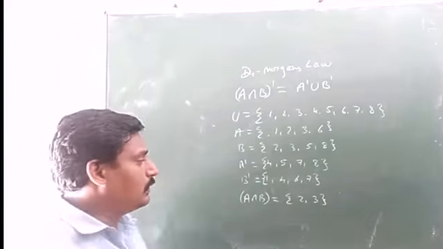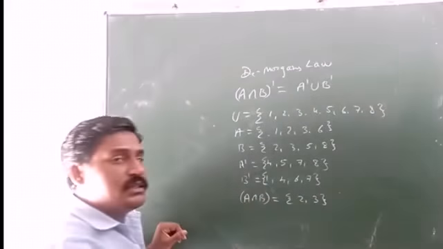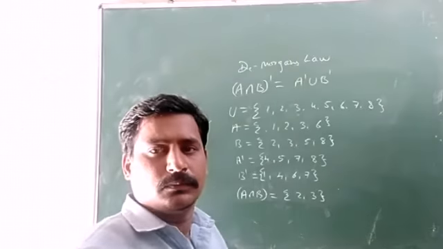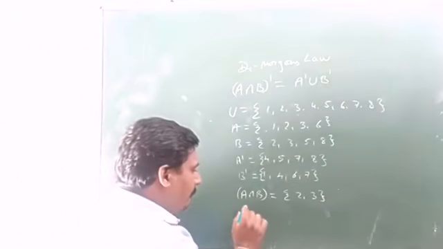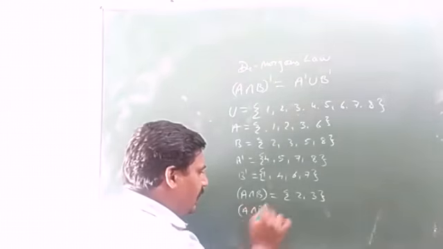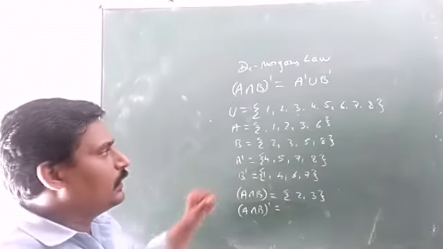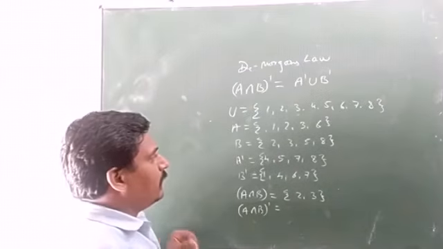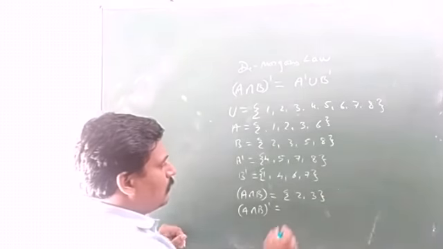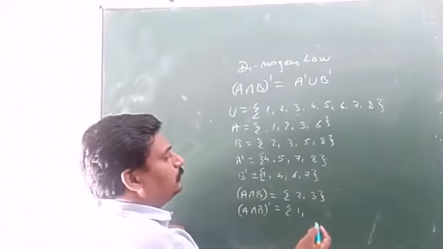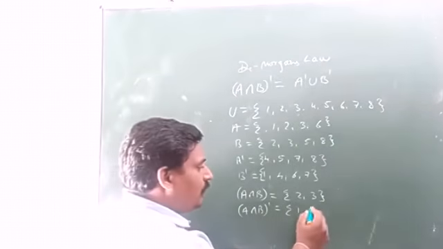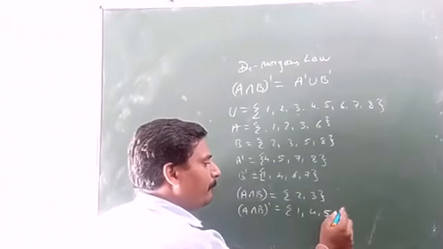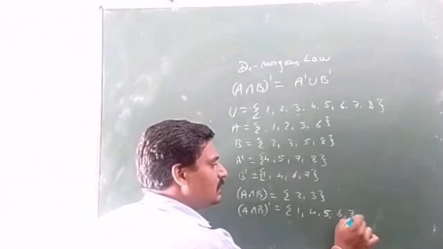Then the complement of A intersection B, which is (A intersection B)', contains those not in both: 1, 4, 5, 6, 7 and 8.